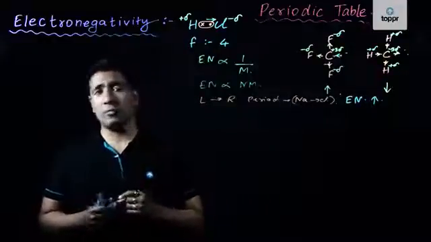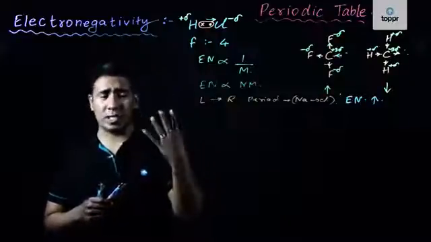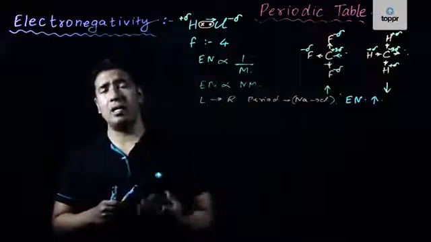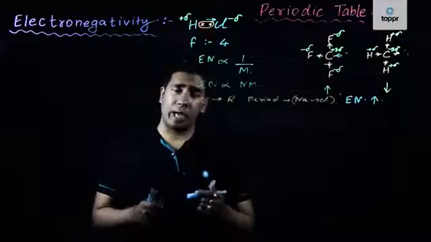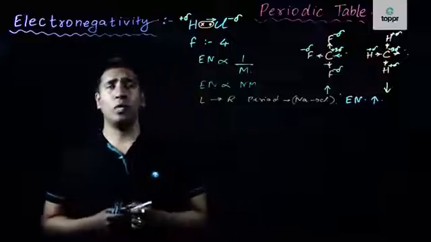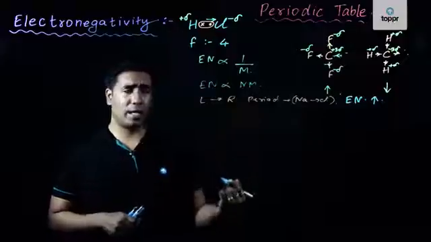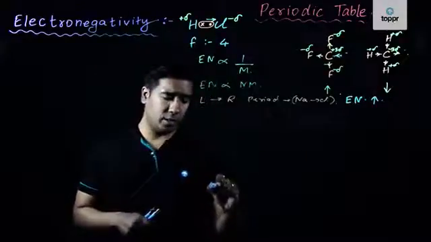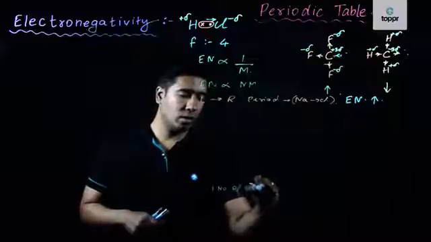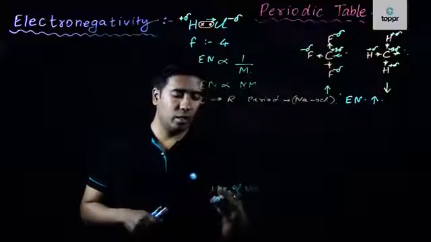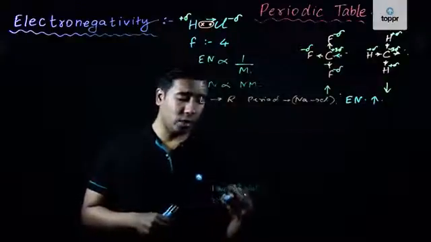Now, we know the reasons for that. The reasons will be exactly the 4 reasons which we require in each and every example that we have done out of these 5 different properties. First of all, it depends upon the number of shells. Secondly, it will depend upon the effective nuclear charge.